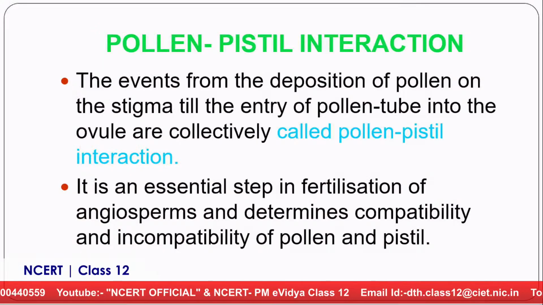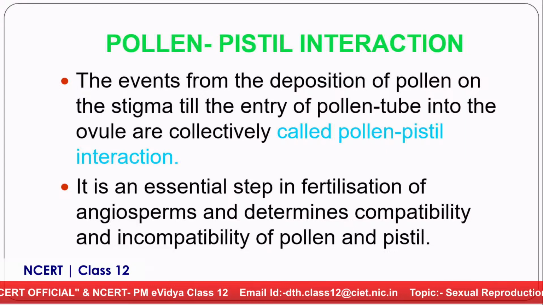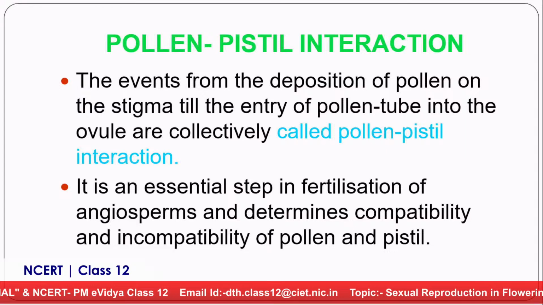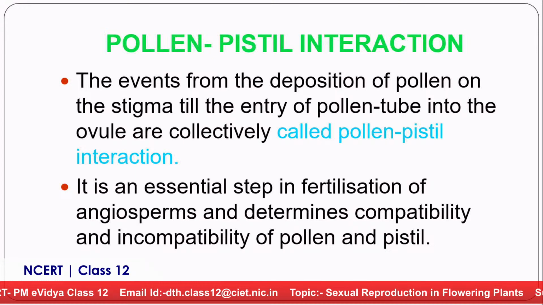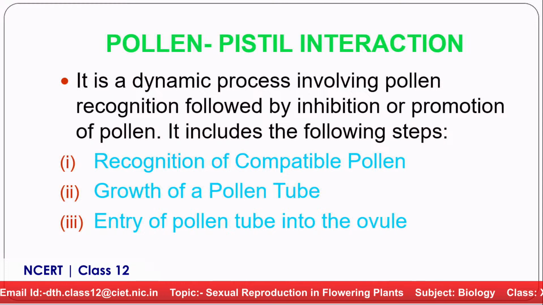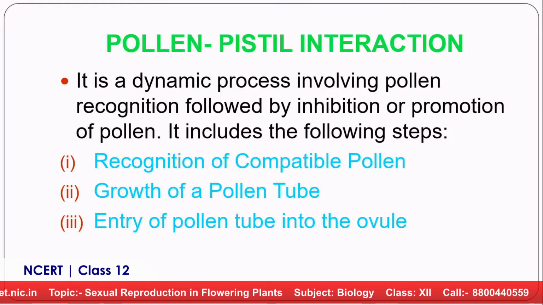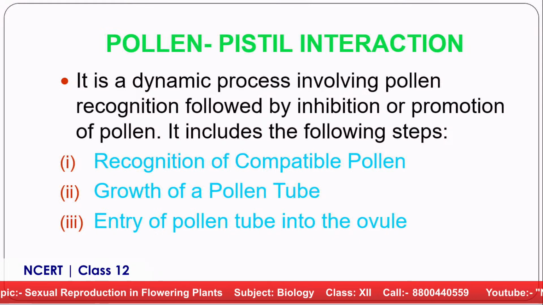You need to describe the very important point, incompatibility of the pollen and pistil. This is the essential step in the angiosperm plants. And after that, it can come in a 2-mark question or in a 3-mark question. This is a very important part, and you have to write all these 3 points as well.